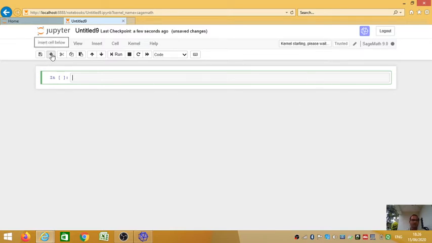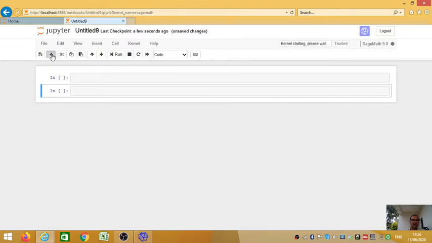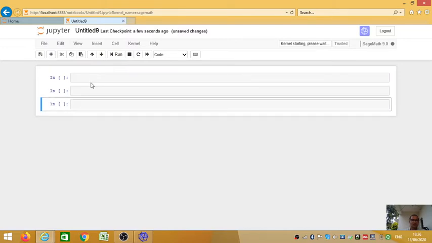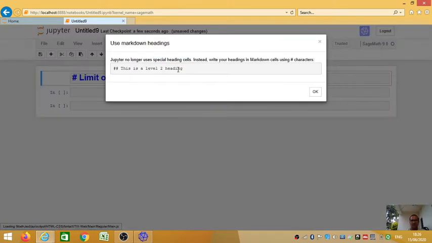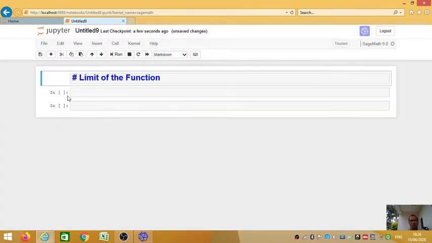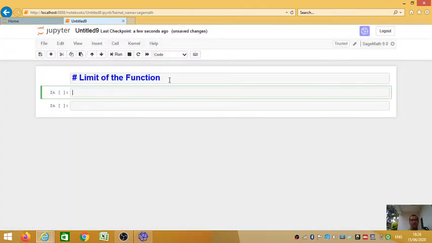Here, by using this plus sign, we can give the input to this software, and I will write here the heading of this lecture, limit of the function, right? Okay, so I will make this a heading. By clicking on this heading, it will become bold, and we can write in different colors.